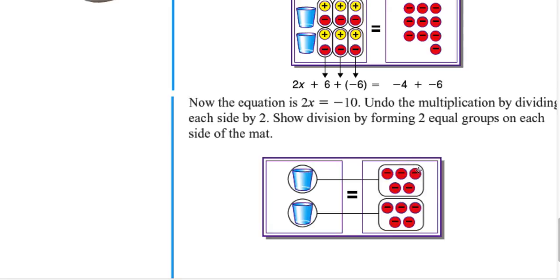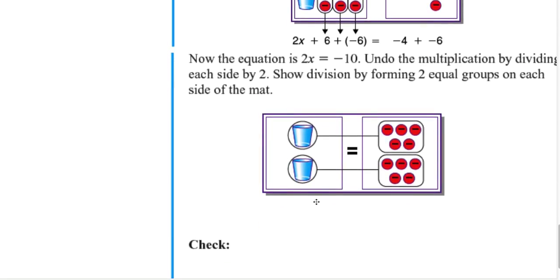So we get our negative 10 counters, and we divide it by 2, and we have 2 groups of 5. So this now becomes 2x all over 2 is equal to negative 10 all over 2. A fraction bar indicates division. And if you notice, 1 cup represents negative 5, so x equals negative 5.